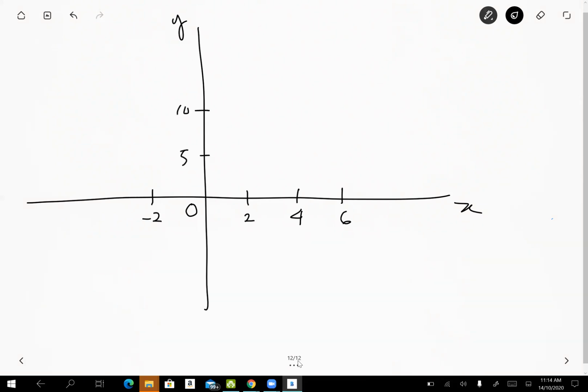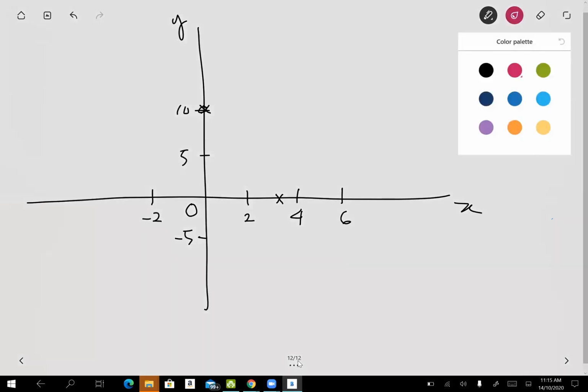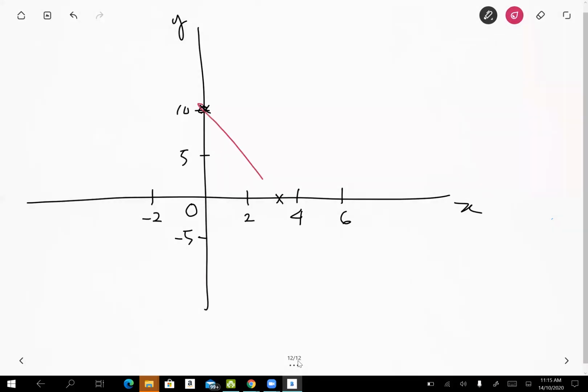Here's negative 5. So the x-intercept is 3.33, so it will be somewhere in the middle, somewhere here. And then the y-intercept (0, 10) will be there. So you connect the points. What you get will be that line.